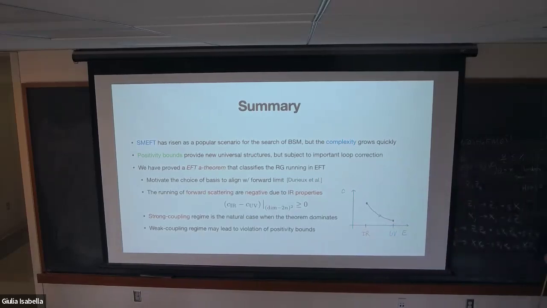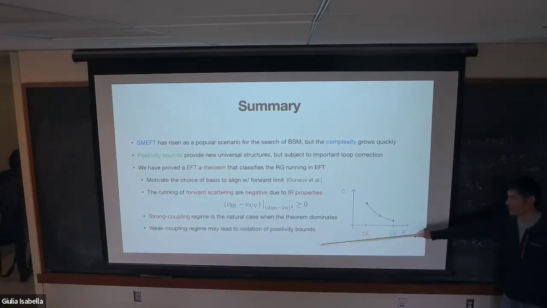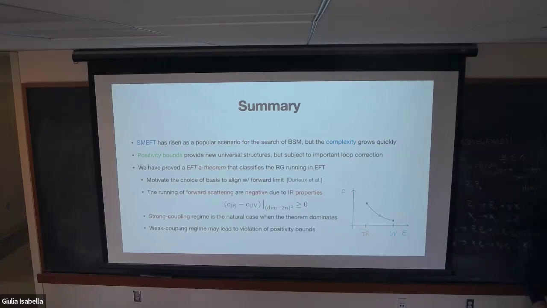And so we proved this a-theorem for the EFT governing the running of the Wilson coefficients. And I think what's important is that strong coupling is the scenario where this a-theorem will be more effective, will dominate the actual running.